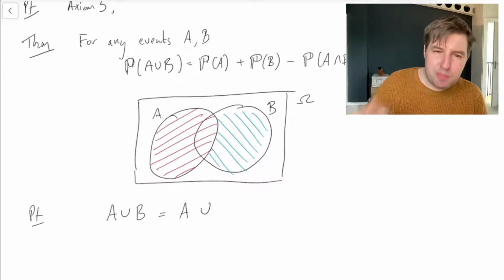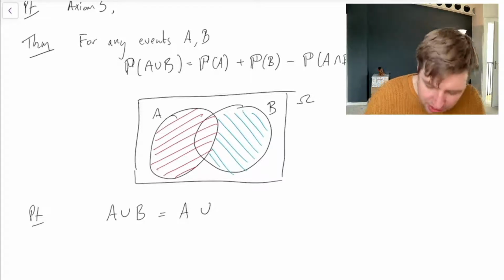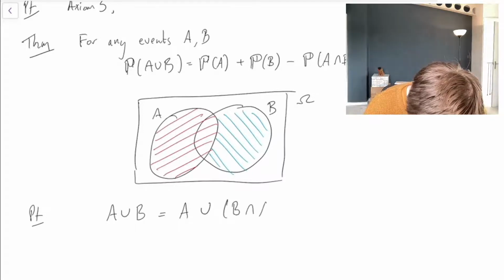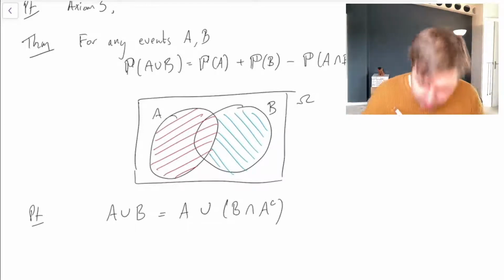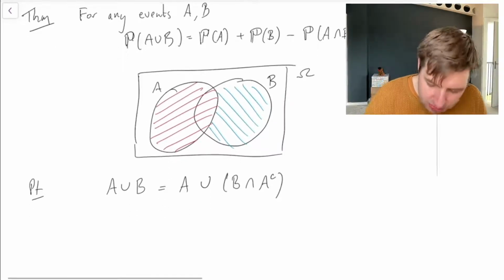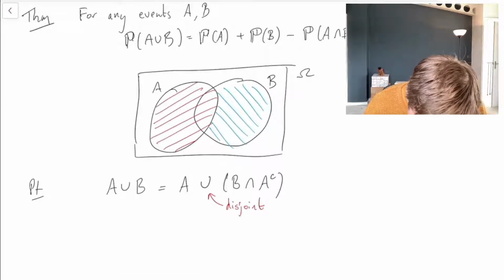Well, it's the stuff that's in B and not in A. That's B and not A: B intersect A complement. So we've got the same thing on both sides of this, but crucially, this bit here is a disjoint union, which means we can use axiom 3.